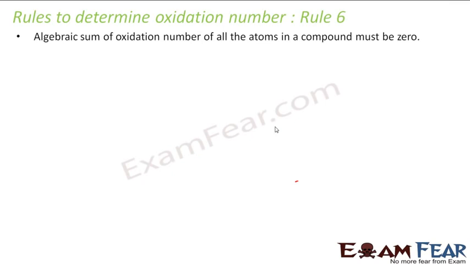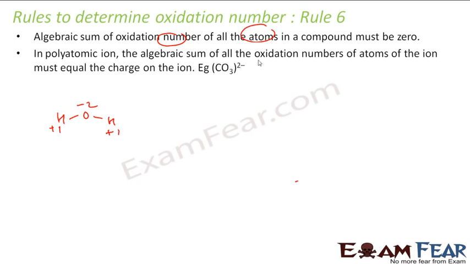The 6th rule says that the algebraic sum of the oxidation numbers of all the atoms in a compound must be 0. For example, I have a water molecule, right? So this is minus 2, this is plus 1, this is plus 1. If you add all these, it becomes 0. It also says that for polyatomic ions where you have some charge, the algebraic sum of the oxidation numbers is nothing but the charge of the ion.